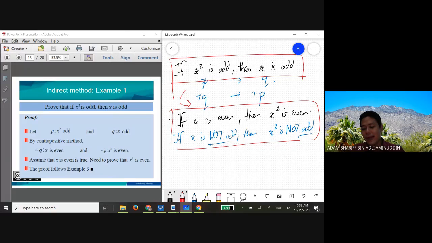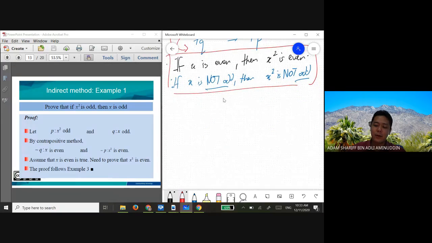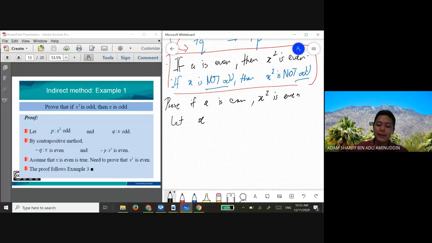We don't prove that if x squared is odd, then x is odd. We try to prove if x is even, then x squared is even. Okay, so let's try to prove this, the bottom one. Prove if x is even, x squared is even. So this one might be easier for you. Let x be 2k, x squared is 2k squared, which implies 4k squared.